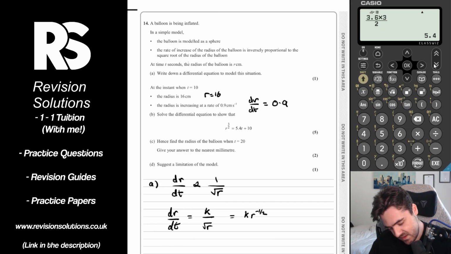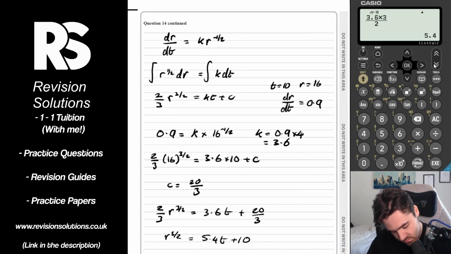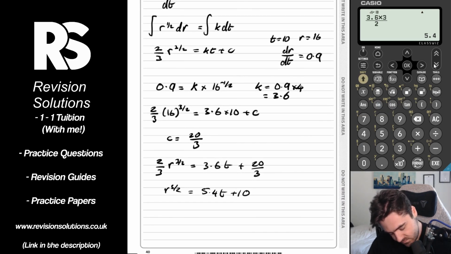Then it says, hence find the radius of the balloon when t equals 20. So that's just plugging in t equals 20 and solving for r. So if we go back to this, we're going to need to square all that and then cube root it.